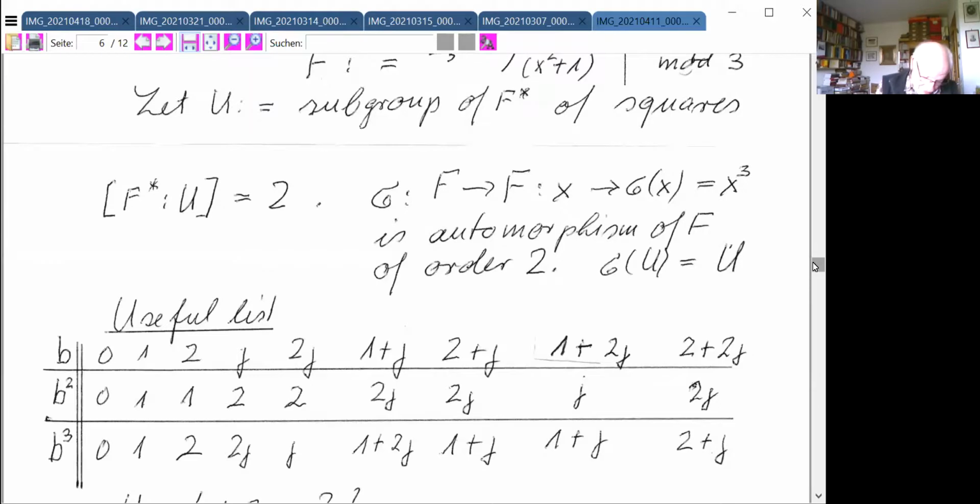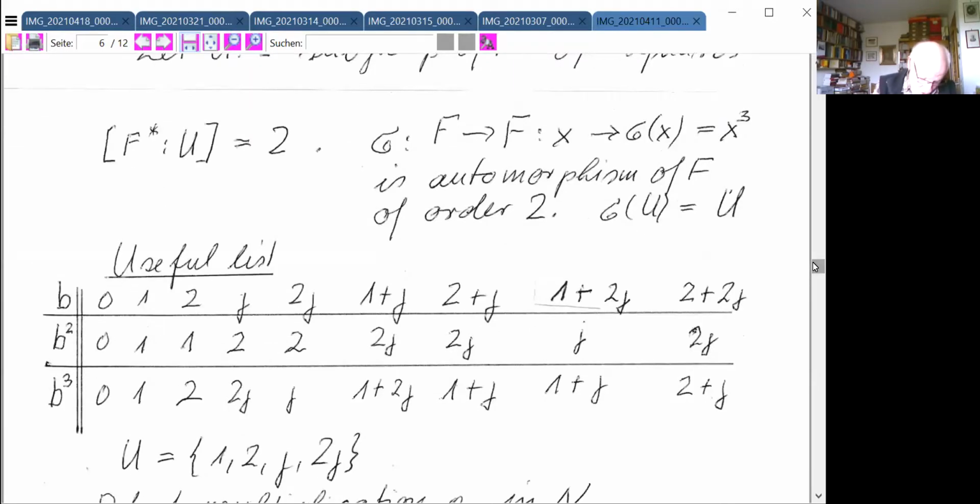This is an automorphism of F of order 2, and it maps the squares to the squares.